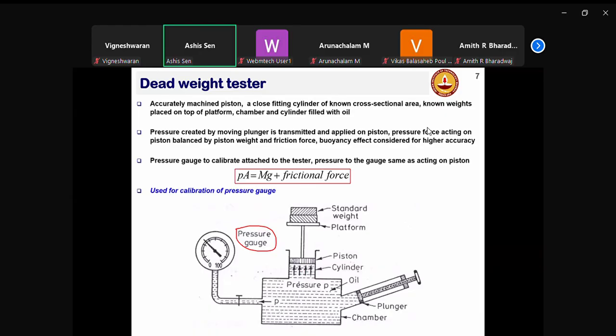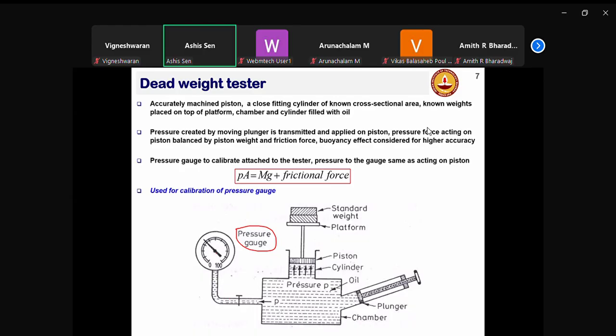So basically P into the area of cross section here will be basically the standard weight plus the friction force, which is acting downward, because this pressure would try to push it up. So the standard weight plus the friction force is acting downward. So from this force balance, you can actually find out. So from knowing the standard weight M into G plus the frictional force, you theoretically calculate the pressure.